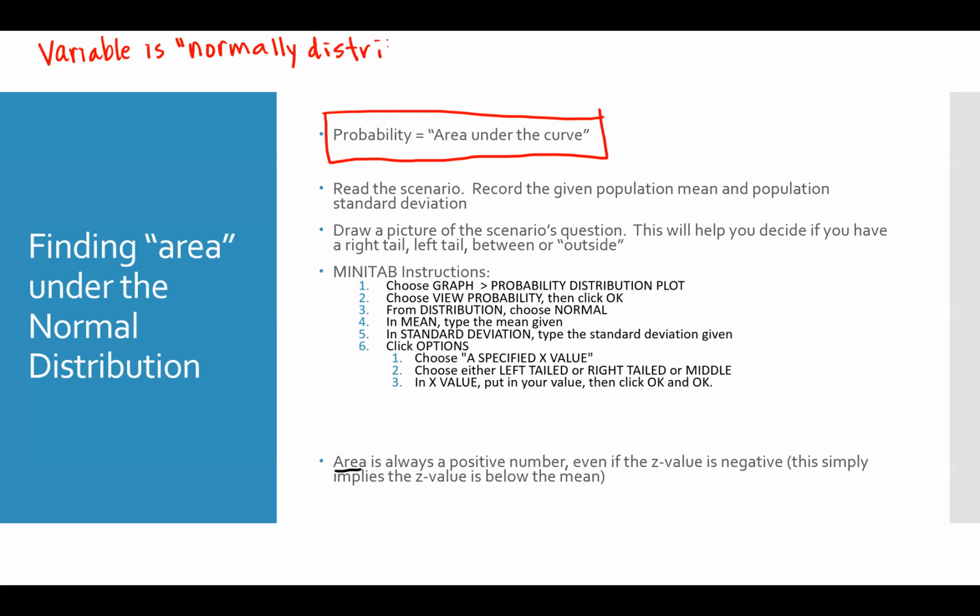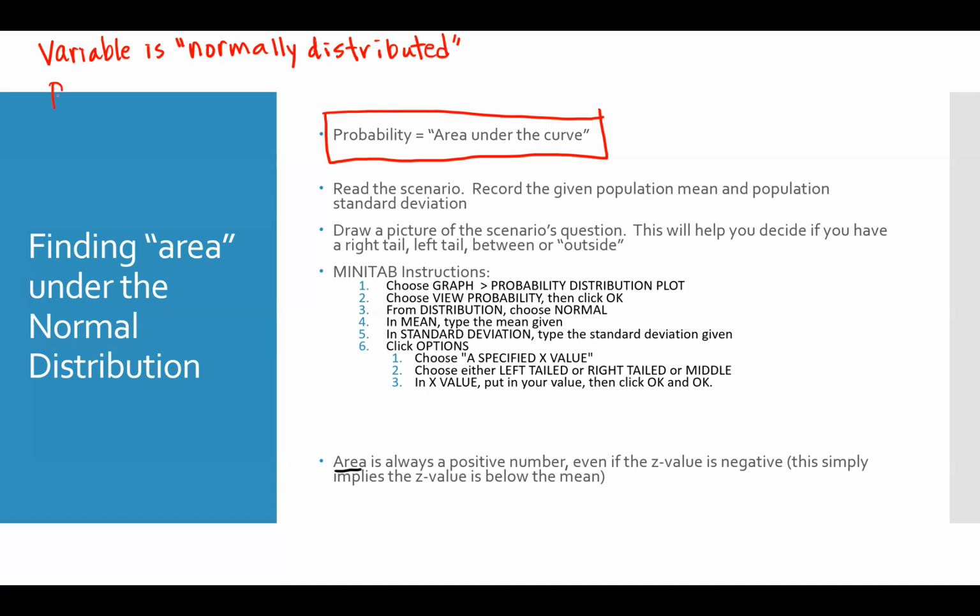So just like it would tell us that you had a uniform distribution or you had an exponential distribution, somewhere in the scenario, it should tell you that the variable is normally distributed.